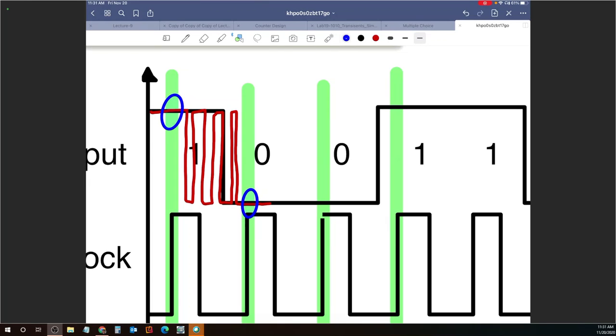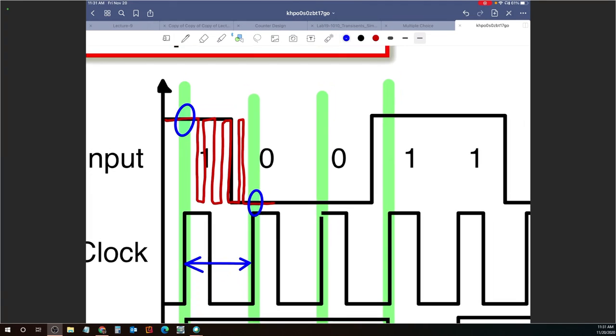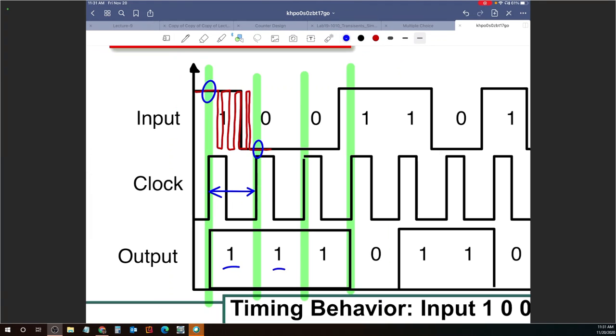However, in between the positive edges, suppose the input went haywire, 1 0 1 0 1 0. Would the output change? You got it. It would not change at all, because it is clock dependent.